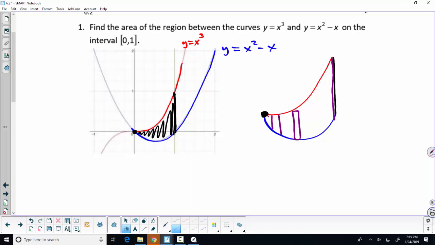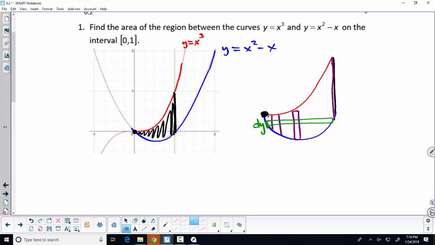The issue, if we wanted to try it with respect to y, is that our rectangles are running like this, and we have to do the right minus the left. This is a quadratic, so here we have to solve for x. This cubic we also have to solve for x before we start working with the rectangles running this way. Does that make sense?